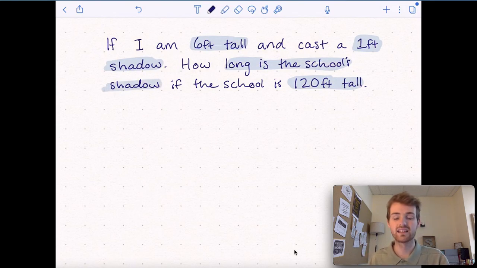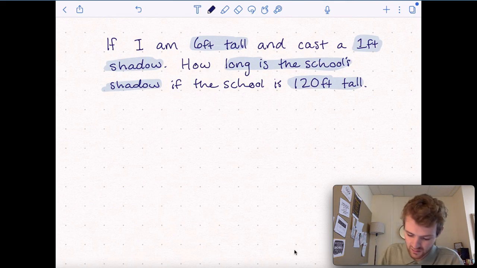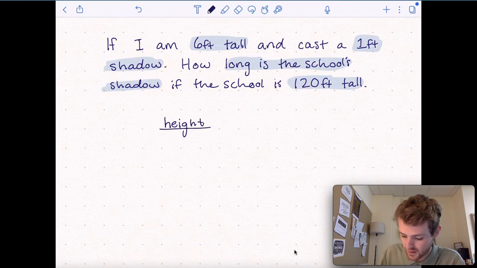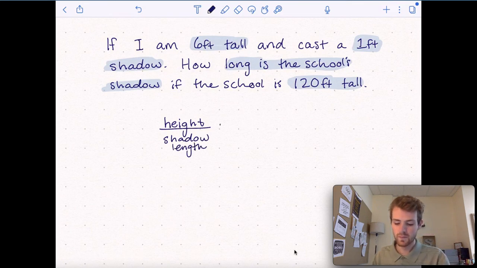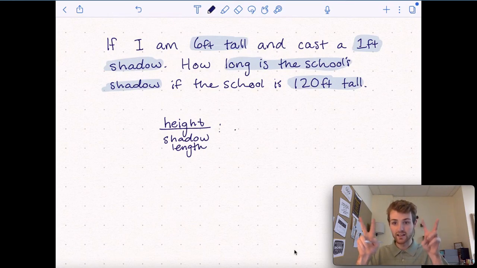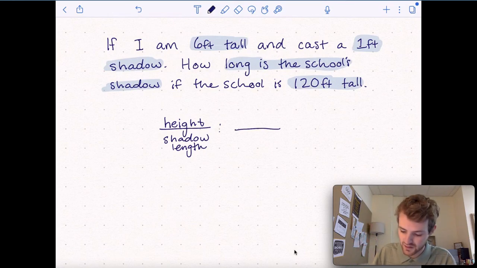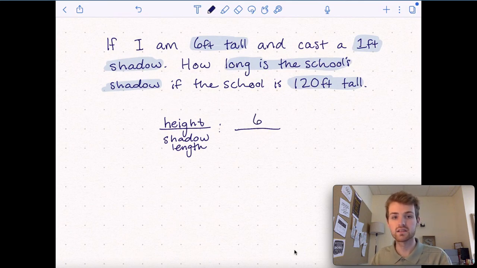So when we look at that data, we can see once again, we're comparing the height of something and the shadow length of something. Well, when I read this, I can see that I am 6 feet tall, so that goes to a height, with a 1 foot shadow.